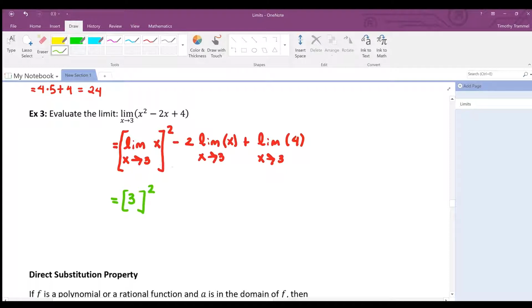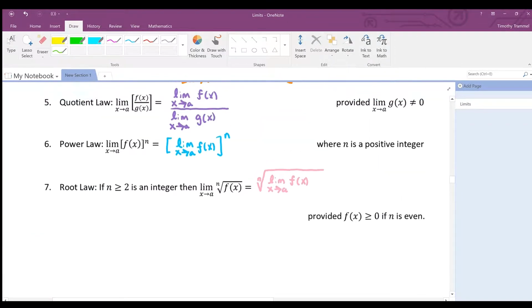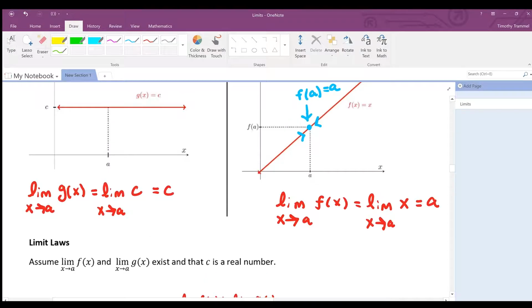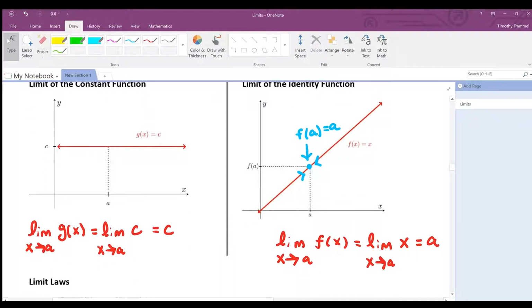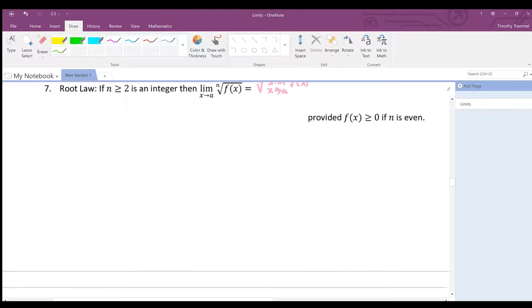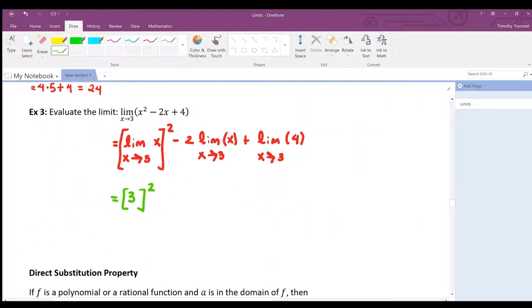I know this from the previous page. If we scoot back up, we'll see it. Here it is, when we're working with that identity function, the limit as x approaches a of x is just a. So that step's taken care of.